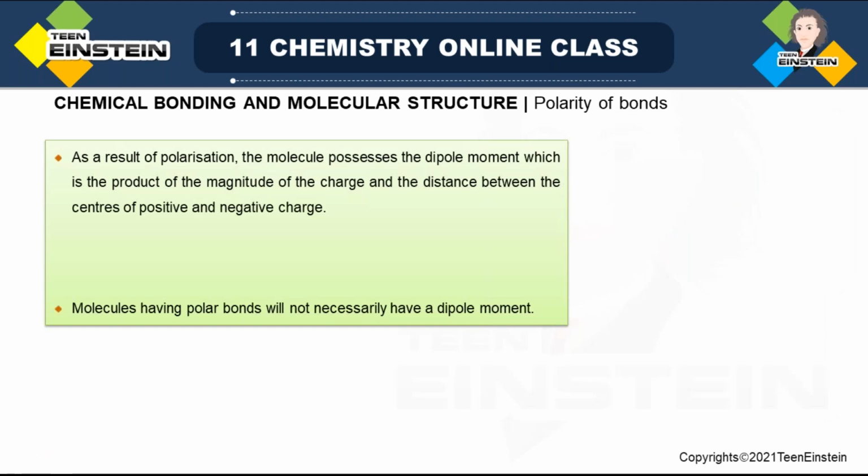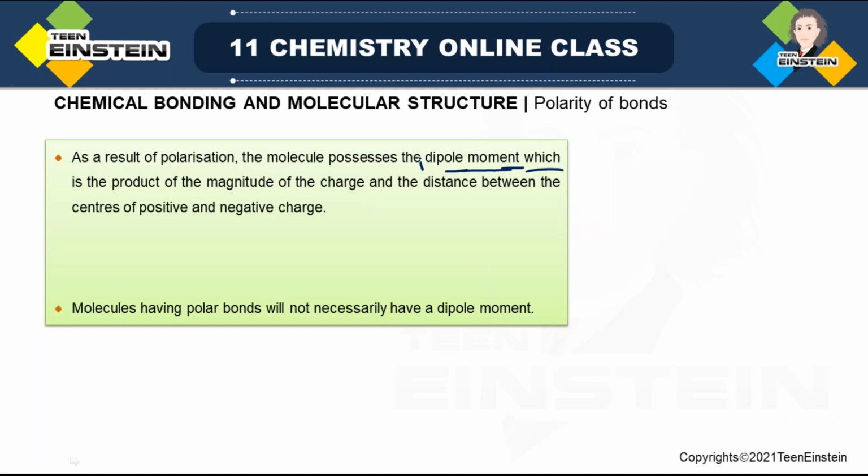So as a result of polarization, now what will happen? Just think about the HCl molecule. The molecule will possess some dipole moment. So this is a new term you are seeing here, dipole moment. Because of this generation of polarity, a new term we have to learn, which is dipole moment. What is dipole moment?